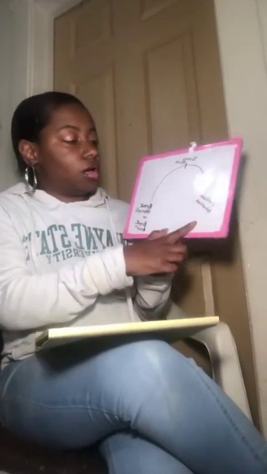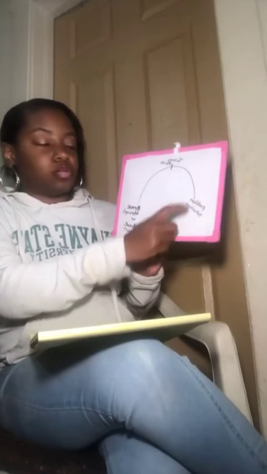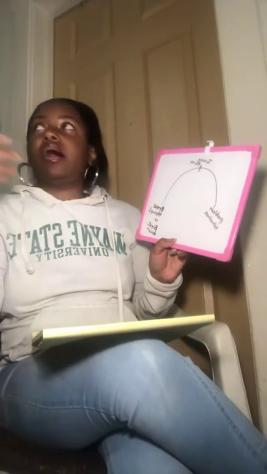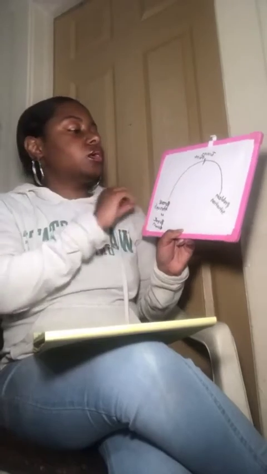Your character is going to have a problem or situation that they're going to go through. So it could be a number of things. That's why I'm going to get to the movie examples in a moment.